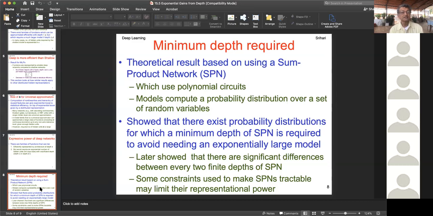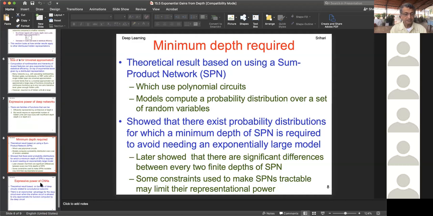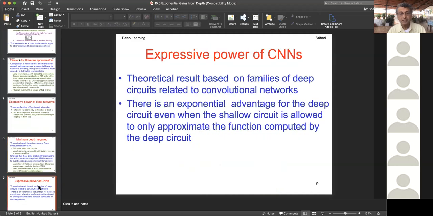So they have said that you're going to need a certain depth, otherwise you're going to need an exponentially large model, is the guidance that's been given. And this has also been worked upon for convolutional neural networks.